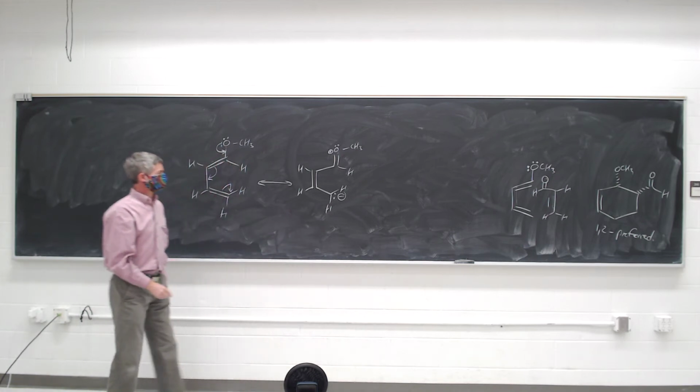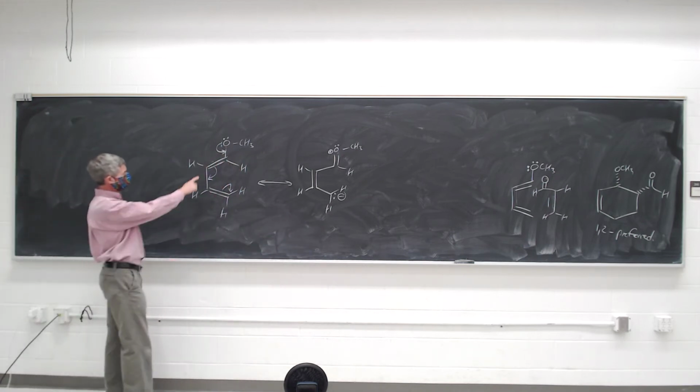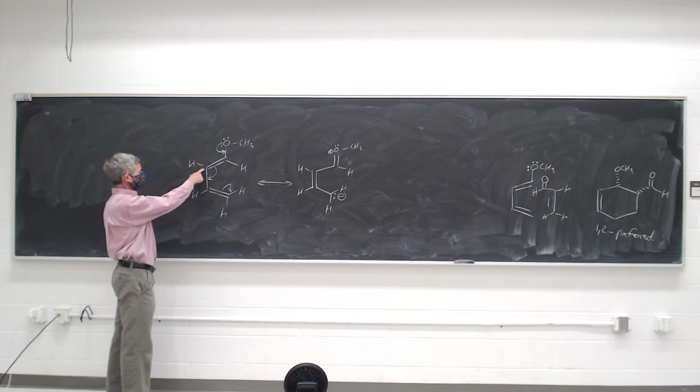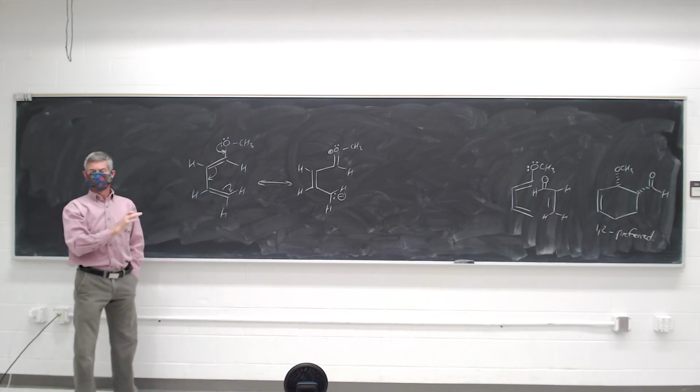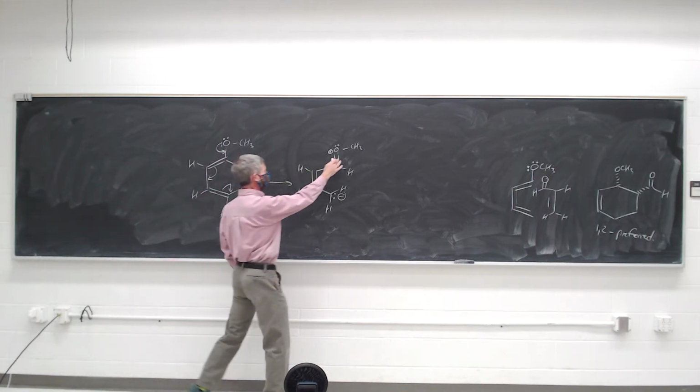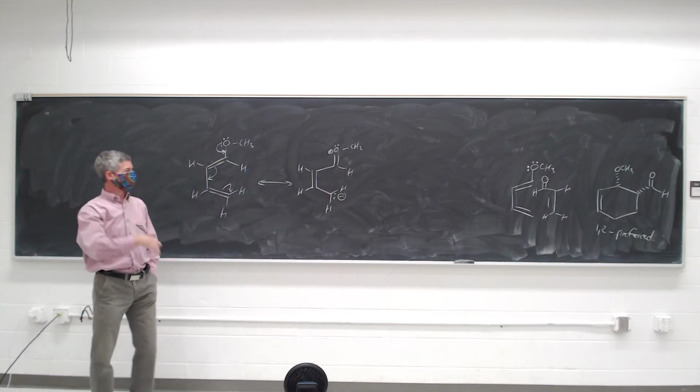Puts the negative charge on that end. Right? So when it was in the 2 position on the diene, it put the negative charge on the carbon closest to it. When it's here on the end of the system, it actually puts the negative charge on the carbon furthest from it, all the way on the other end.